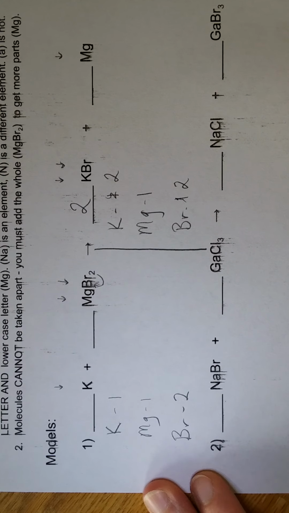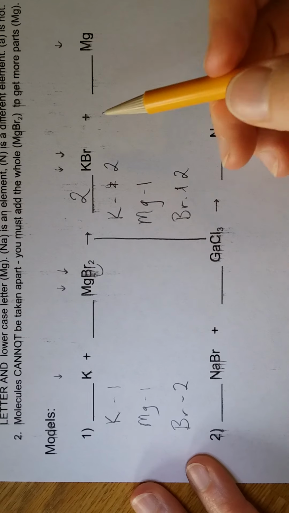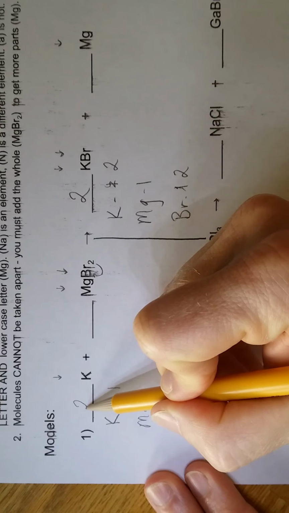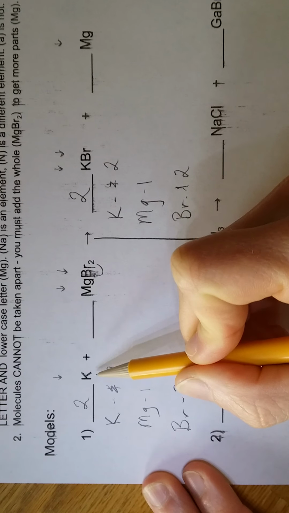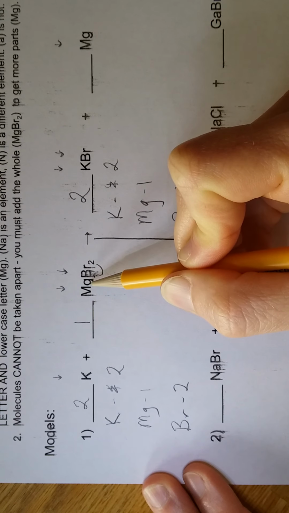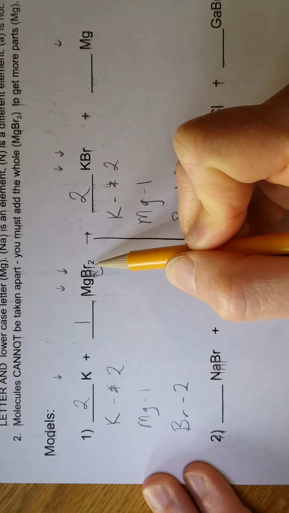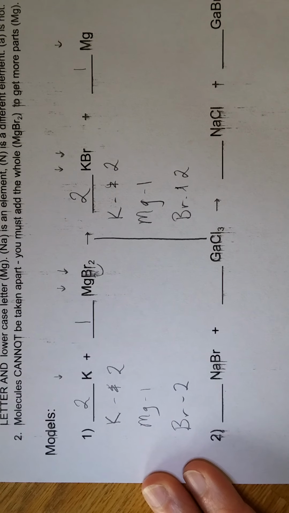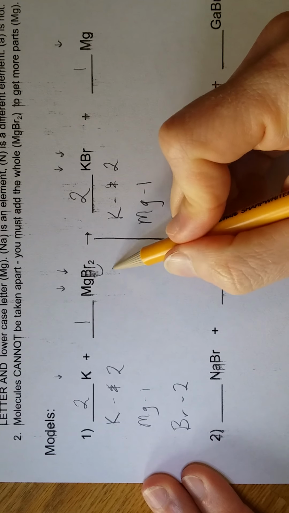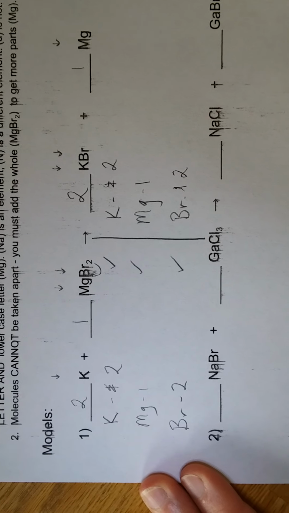And so we're still out of balance. So the way we can fix that is to come on over here and say, okay, there's just two potassium. So 2 potassium reacts with 1 MgBr2 to form 2 KBr and 1 magnesium. Everything equals, everything is balanced.